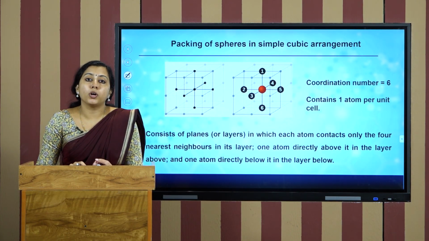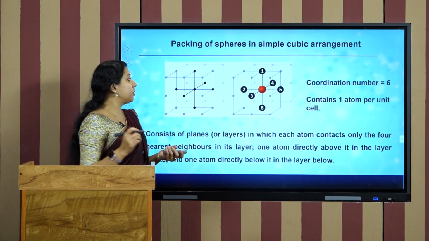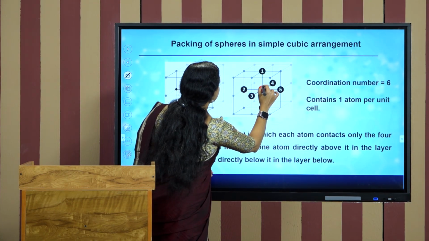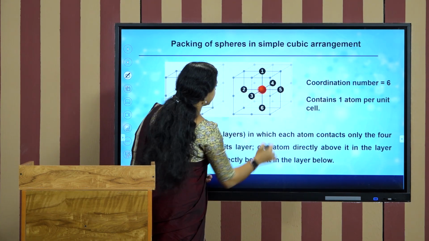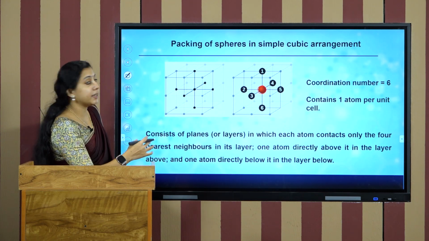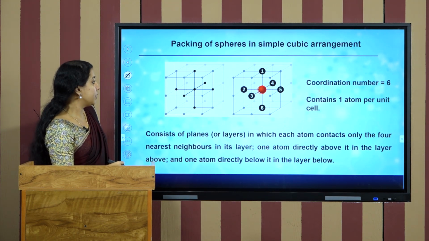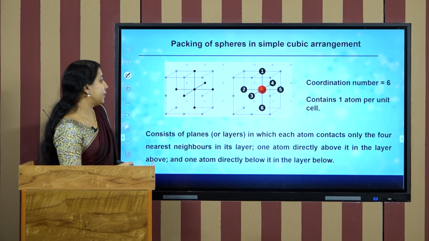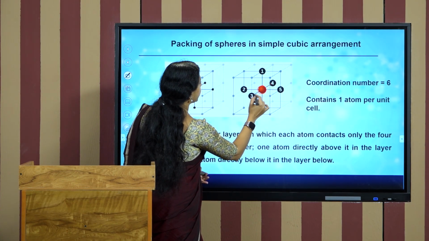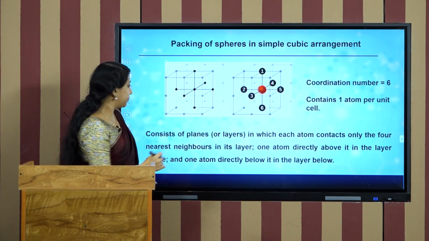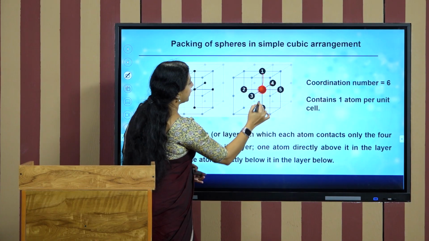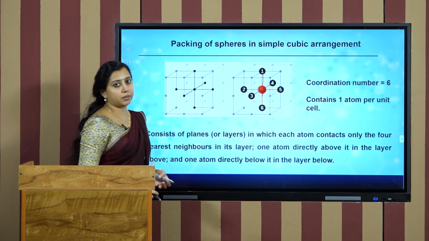Now, let us see the coordination number. If we consider a lattice plane or multi-layered arrangement, consider an atom at the center. The atom at the center marked in red will be in close contact with 4 atoms in its own plane or its own layer, and one atom directly above the layer and another atom directly below the layer.